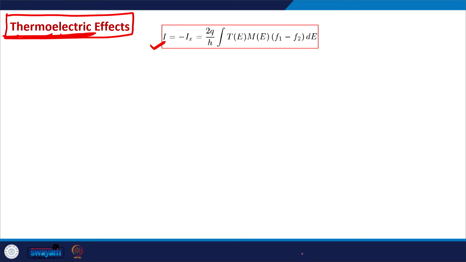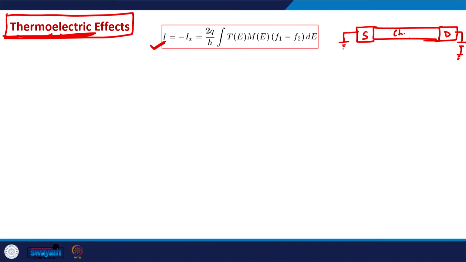If you recall the derivation, we assume a two-terminal device, with source and drain, where one of the terminals is grounded and we apply voltage on the second terminal. Because of this voltage difference, the Fermi levels are modified, so the source contact is trying to put electrons in the channel, and the drain contact is trying to take electrons out of the channel.